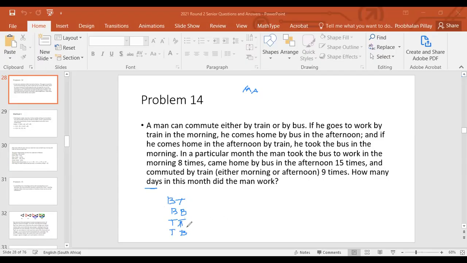But essentially, we need to know how many times did he use the bus and how many times did he use the train altogether. Now, the number of times he took the bus in the morning is 8 times.